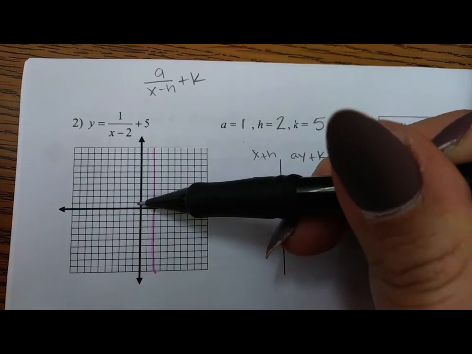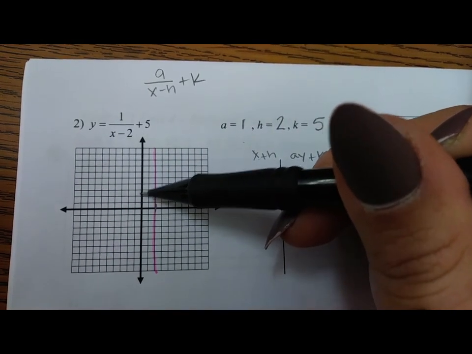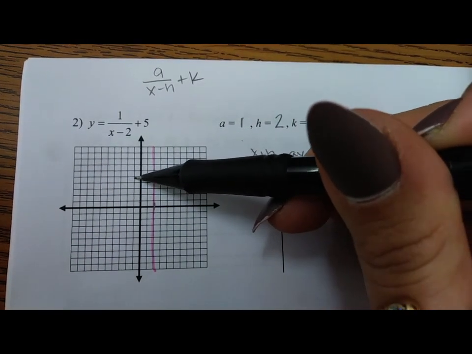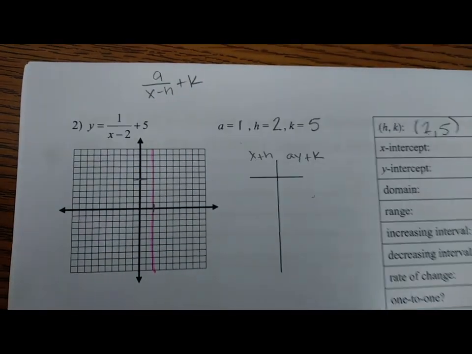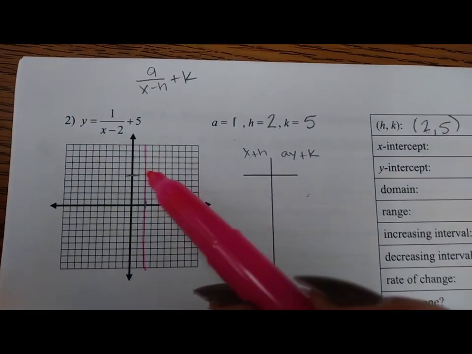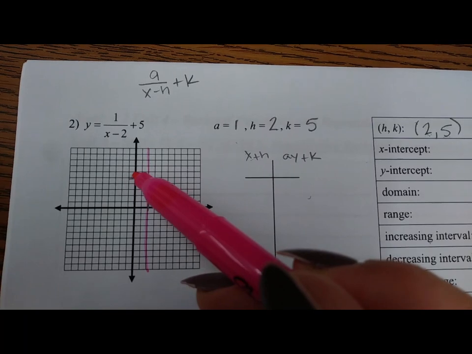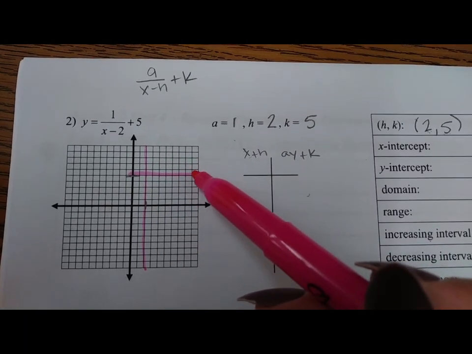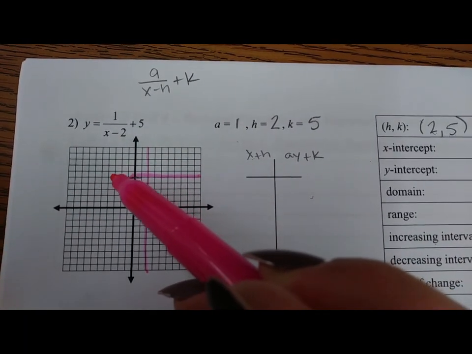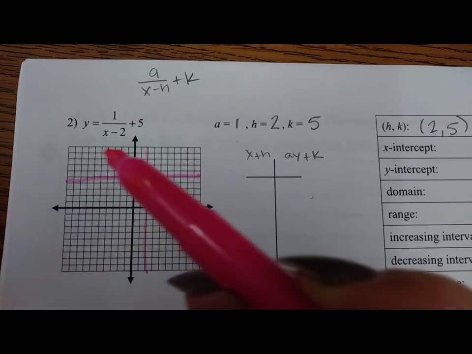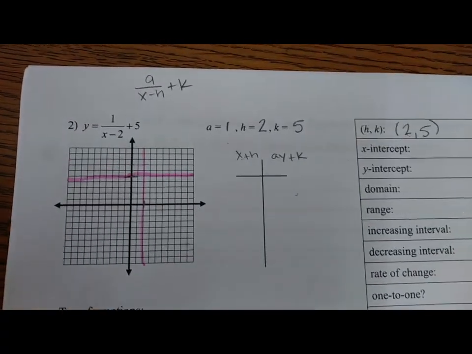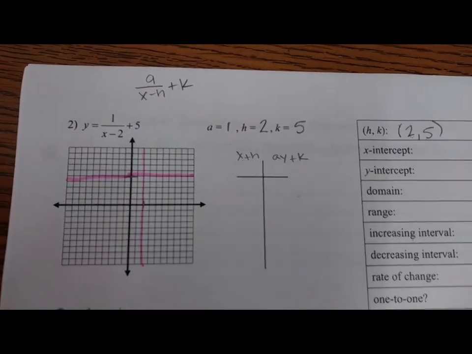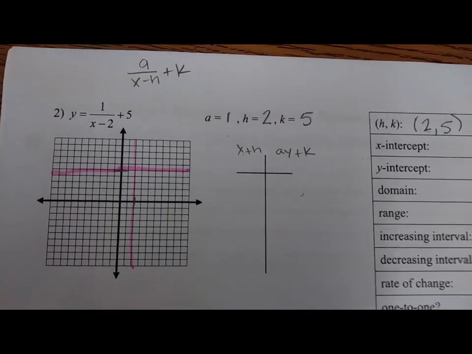So we'll go up 1, 2, 3, 4, 5. I do it with a pencil first because my eyes aren't that good and I know sometimes I'll lose track. Okay. So now we have where our asymptotes are. Again, a little squiggly.